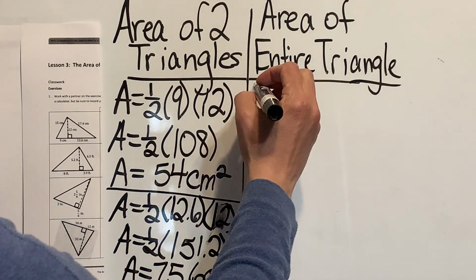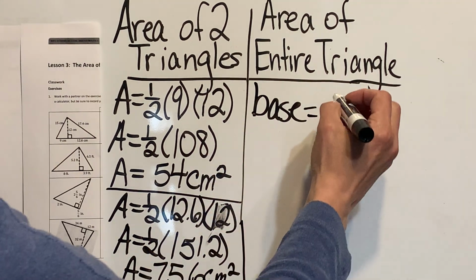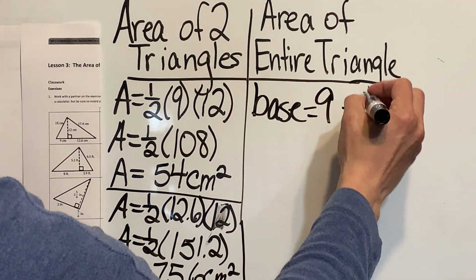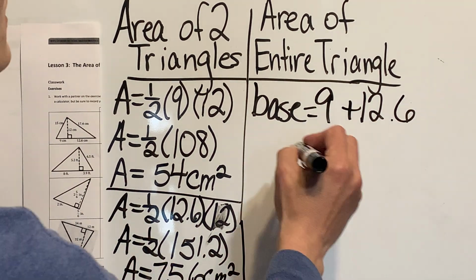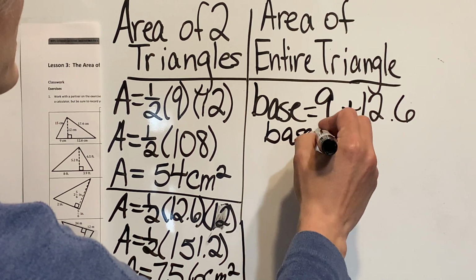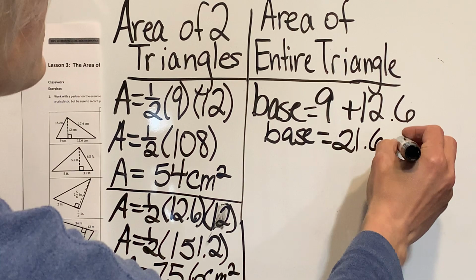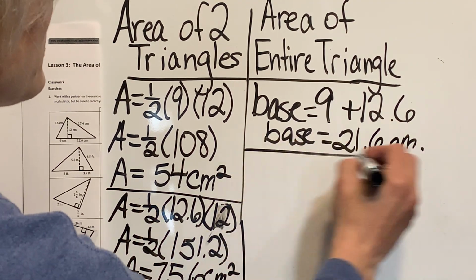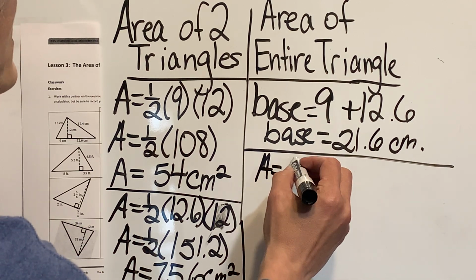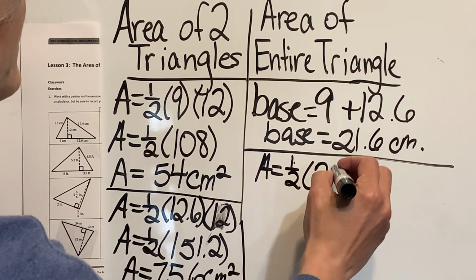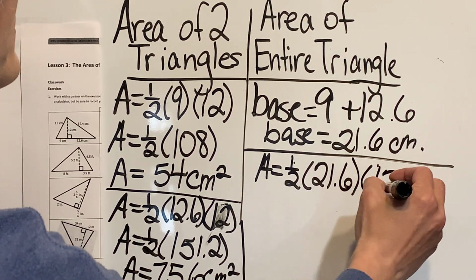So in order to find the base of the whole triangle, we have to add 9 centimeters plus 12.6 centimeters, and that gives us the base, which would be 21.6 centimeters. So we can use that to do the area: half of the base times the height, which we know is 12.